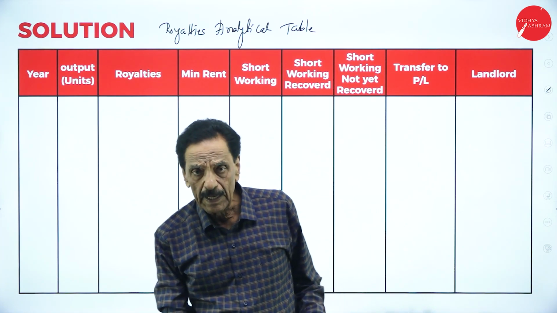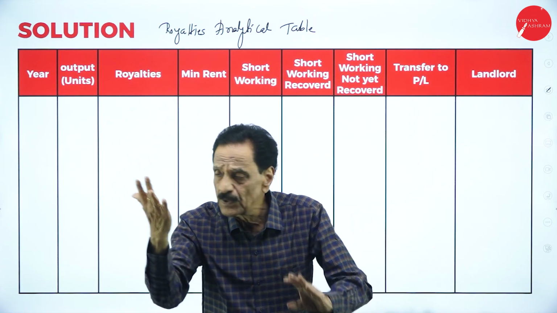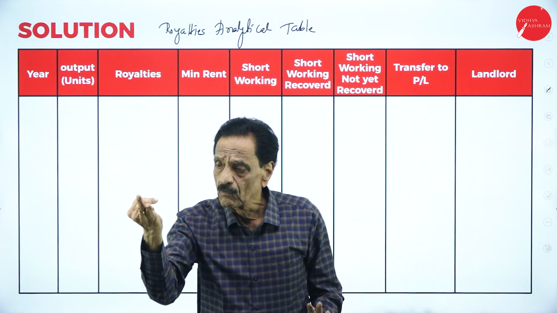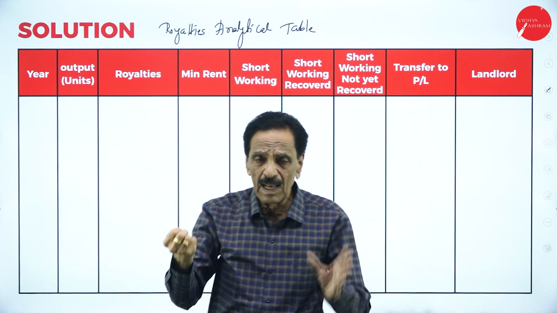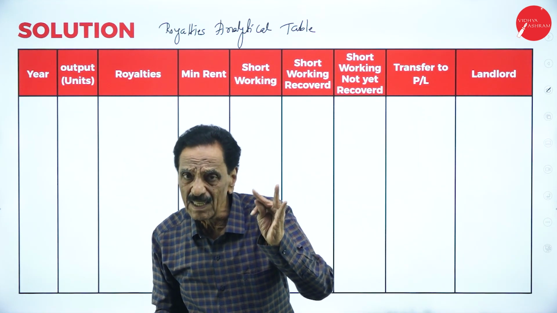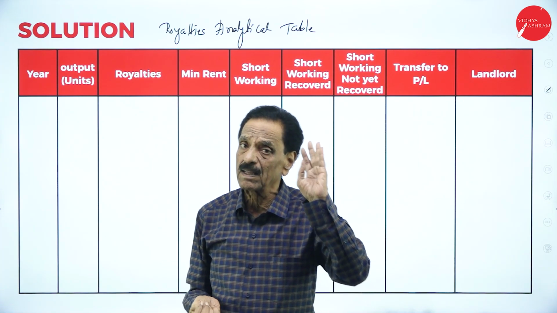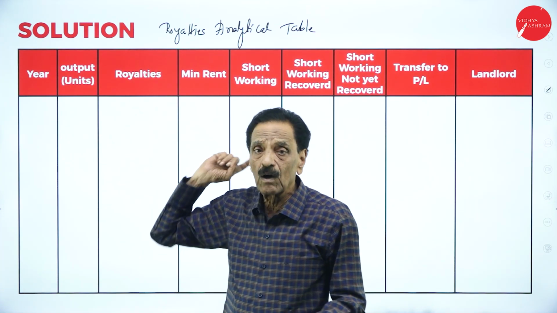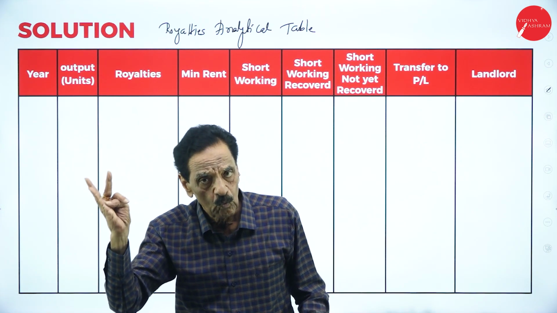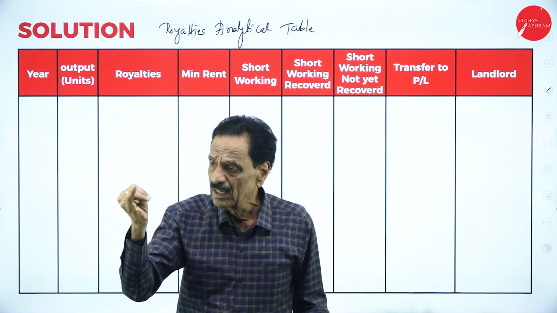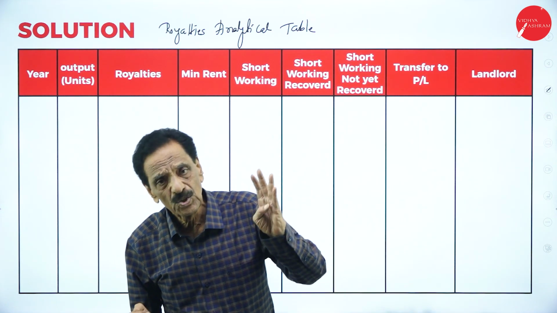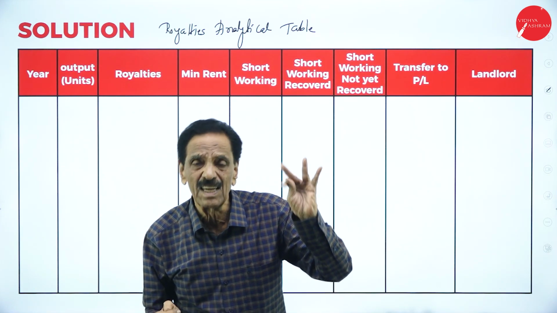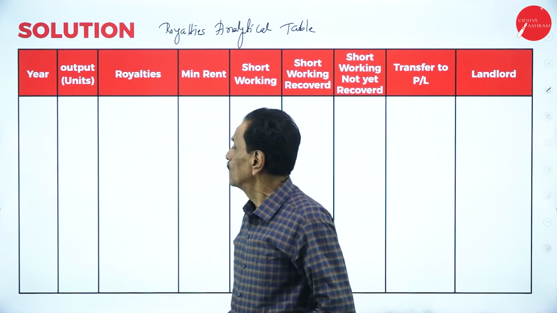So here 9 columns, royalties, R O Y A L T I E S. How many letters are there? 9 letters, 9 columns. R O Y A L T I E S. 9 columns. We'll move on.